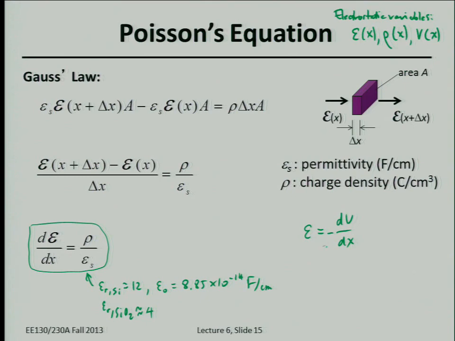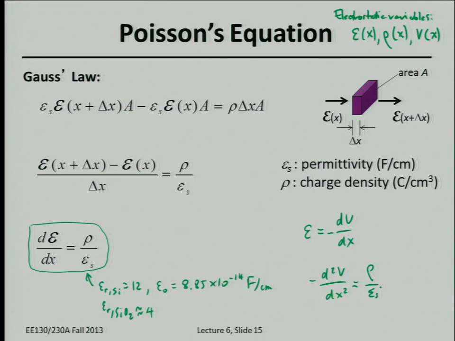If we know this relationship between electric field strength and voltage as a function of distance, we can plug that into this equation here. So we find that the second derivative of the electrostatic potential is related to the charge density in a semiconductor.